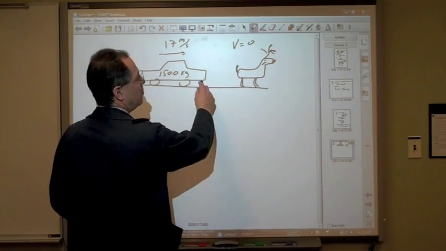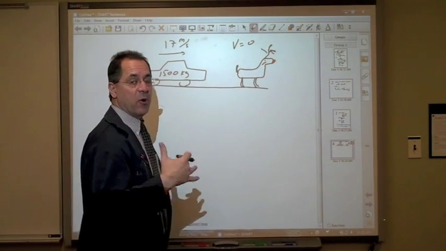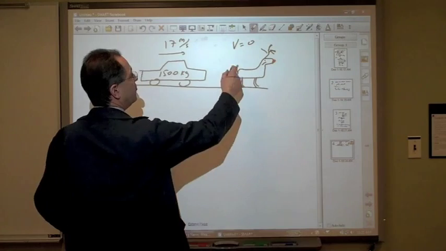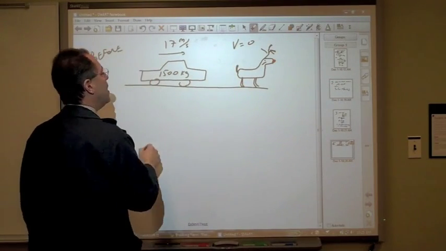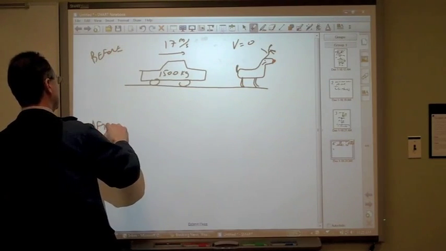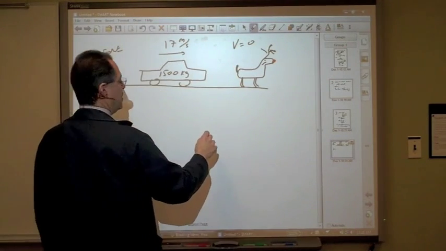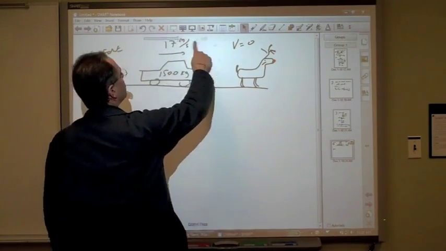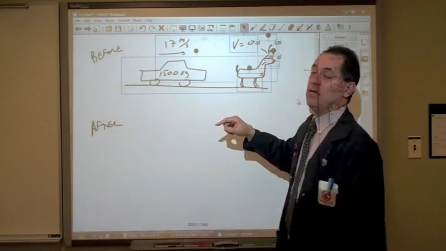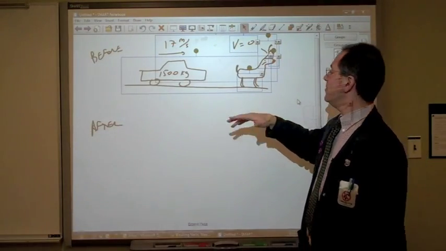Well, we know for a fact from our previous discussion that this was before. After the collision, the deer was moving, wasn't it, at 3 meters per second. This is the elastic collision.